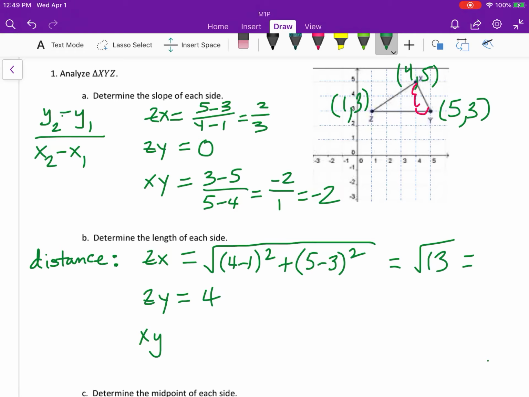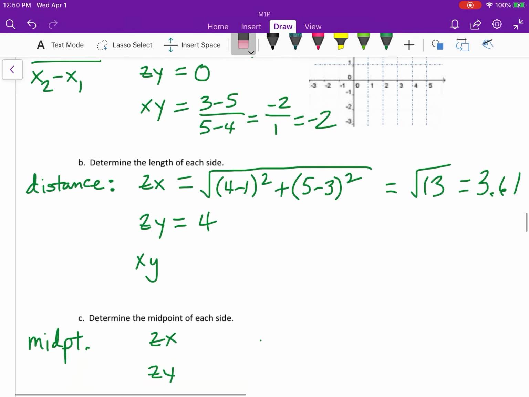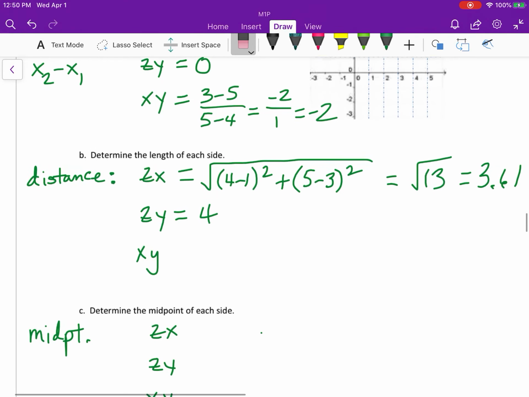That's insane. Oh, wait, I got it here though. So the square root of 13 is 3.61. Sorry that took so long. And that does not simplify, so that one's finished. You'll want to use the numeric distance for these anyway.